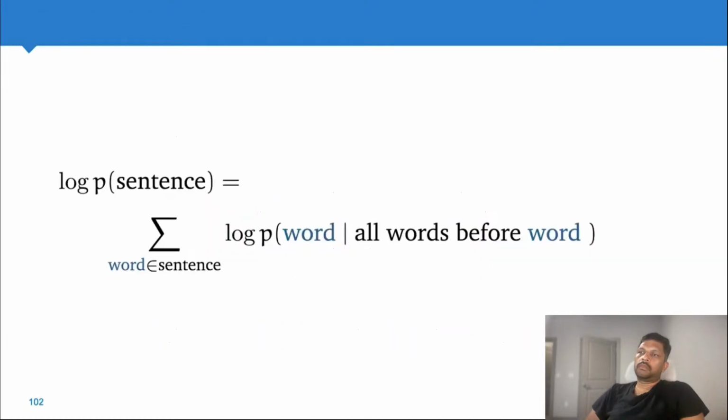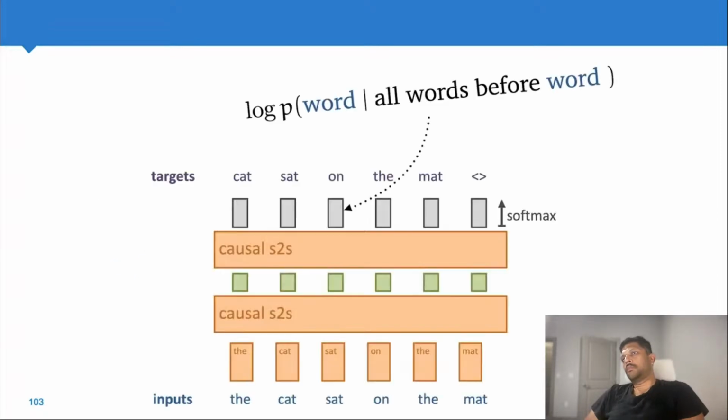So in logarithmic terms, the log probability of a sentence is the sum over all log probabilities of the words in the sentence conditioned on all the words that came before it. And if you think back to what we talked about in the first slide, autoregressive modeling, you'll note that if we train a sequence-to-sequence model like this, we feed it with a particular input and we train it to predict the next word at every time step by giving it as a target value the input shifted one unit to the left.